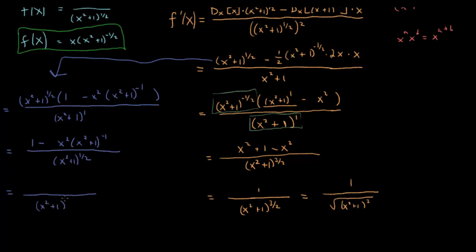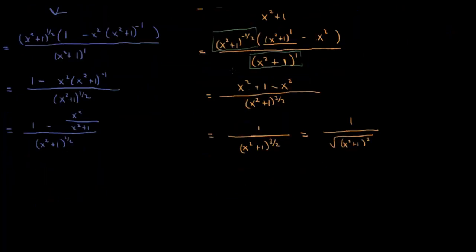So we still have the x squared plus 1 to the 1/2 power. Then we're going to have 1 minus x squared over x squared plus 1, because the -1 power kicks this to the denominator. So now we have a complex fraction to work with. This is why I said it was probably easier to do my original way.